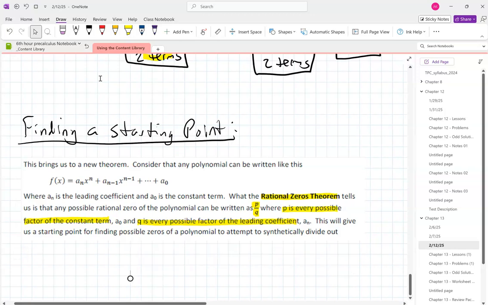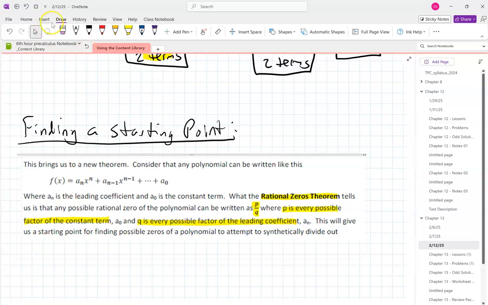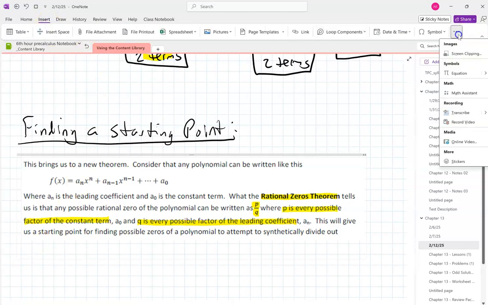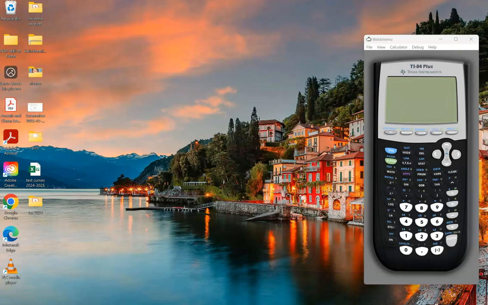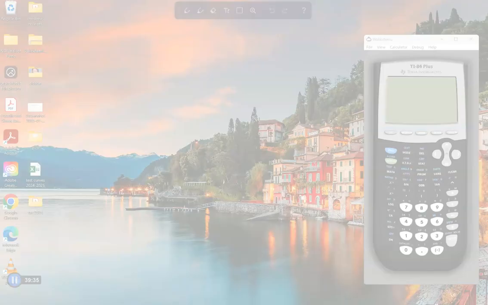That gives me a list of possible starting points. And when I was a student, you basically just had to guess.